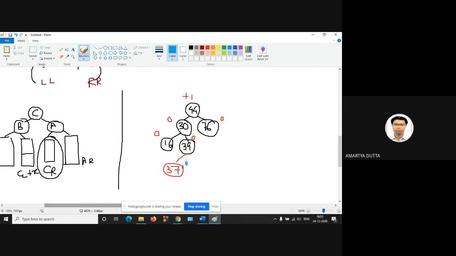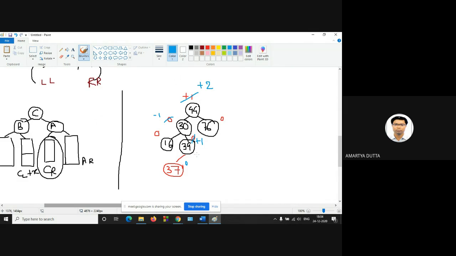This is 0, this will be plus 1, this will be plus 1, so this will be minus 1, and this will be plus 2. So it is not balanced.